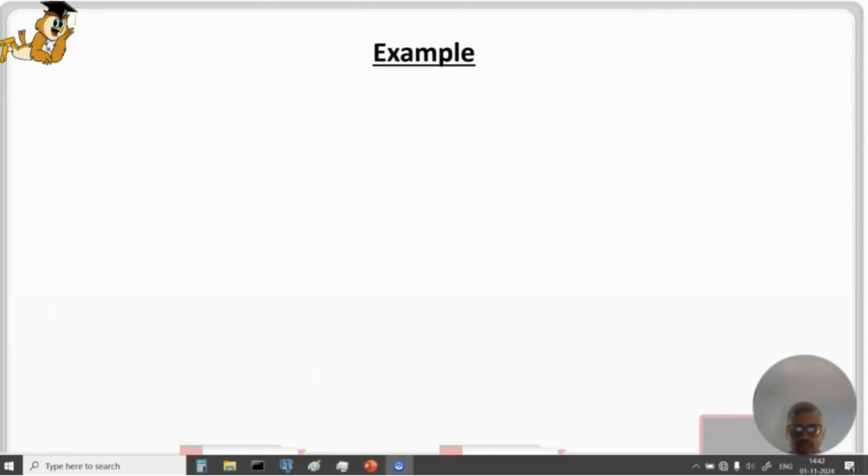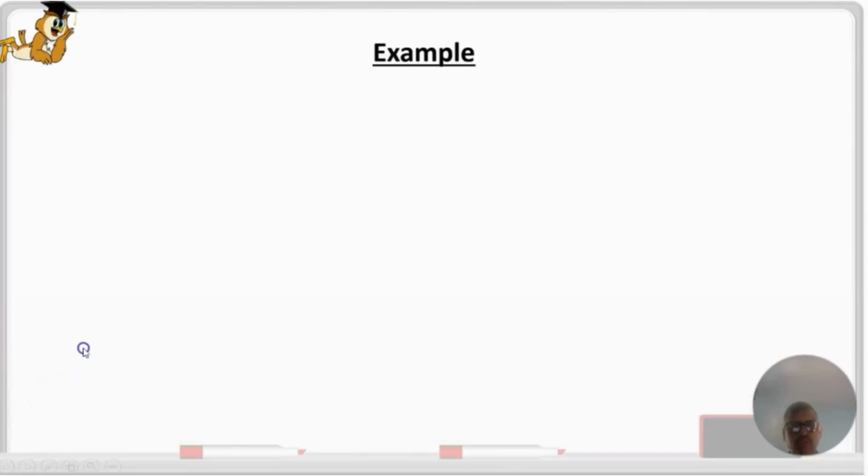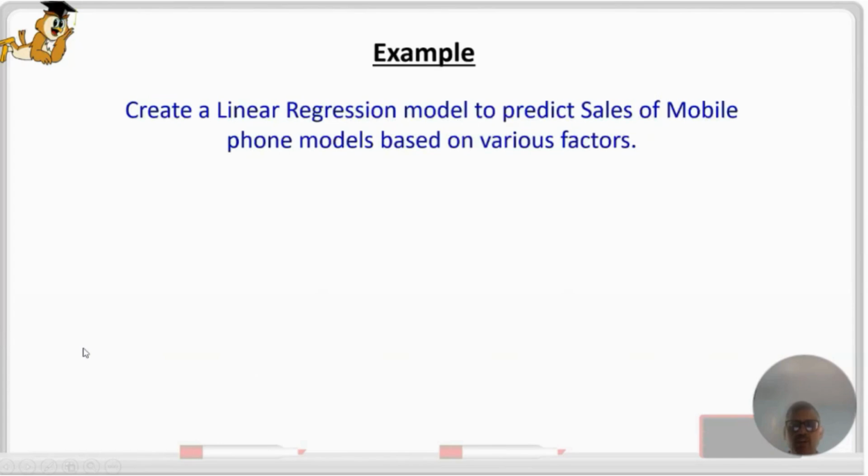What I want to do next is take a real life example and see how we could possibly apply linear regression to solving that problem. Here is the example we are going to consider. We are going to try and create a linear regression model to predict sales of mobile phone models based on various factors.